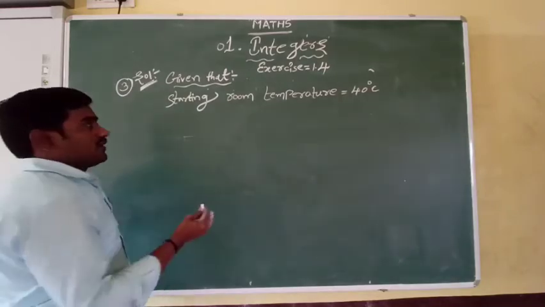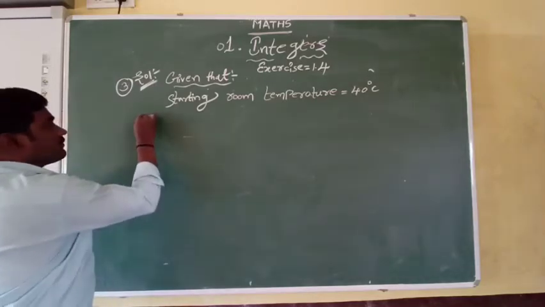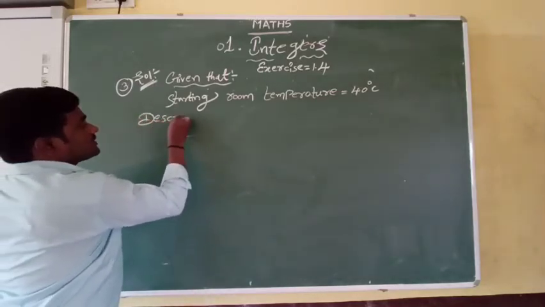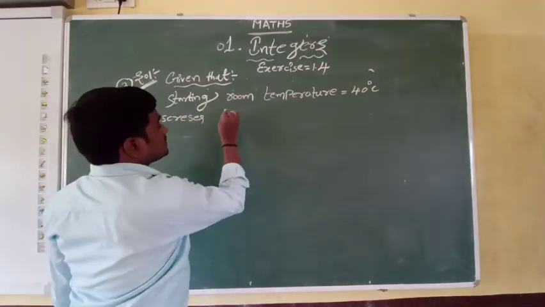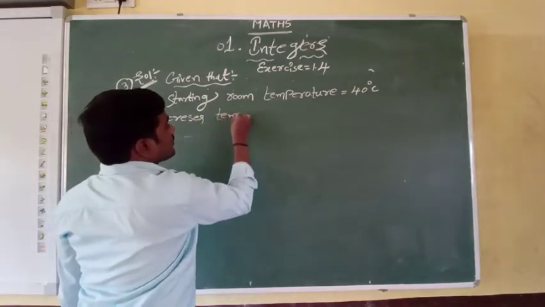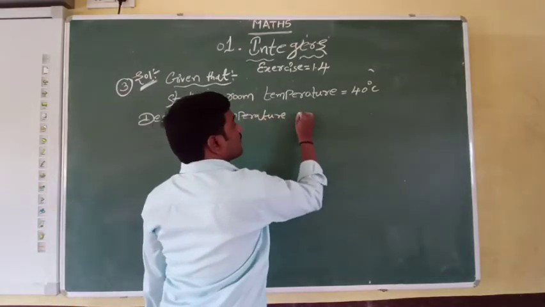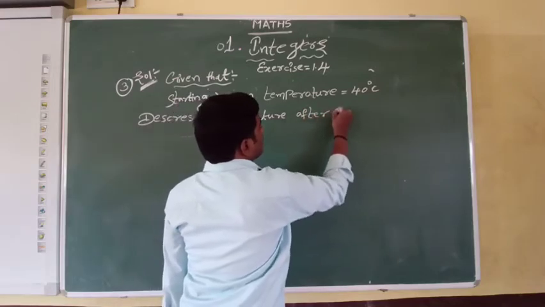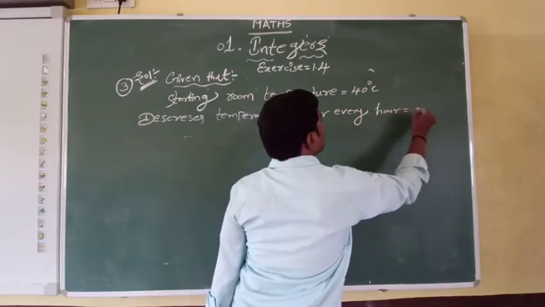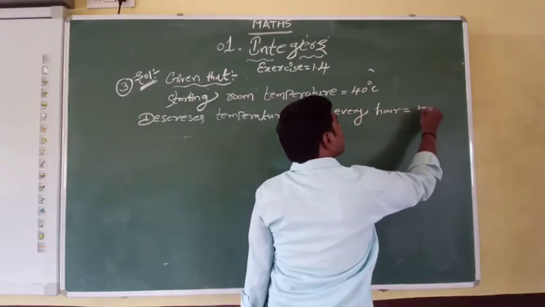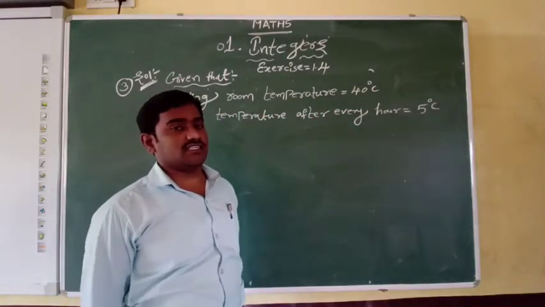After every 1 hour, the temperature decreases. Every hour, how many degrees centigrade does it decrease? 5 degrees centigrade decreases. After every 1 hour, 5 degrees centigrade decreases.